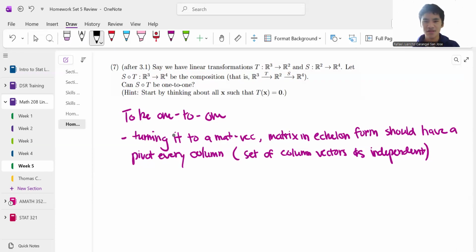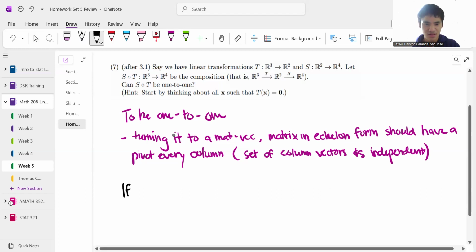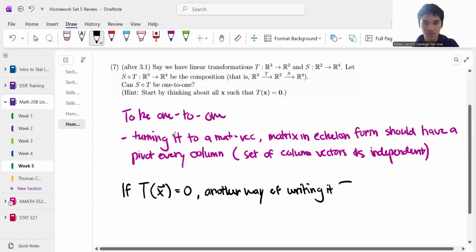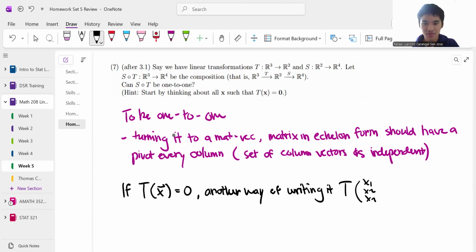So let's start thinking about this logically. If T of x is 0, another way of writing it would be T of x sub 1, x sub 2, x sub 3, because we have 3 things.